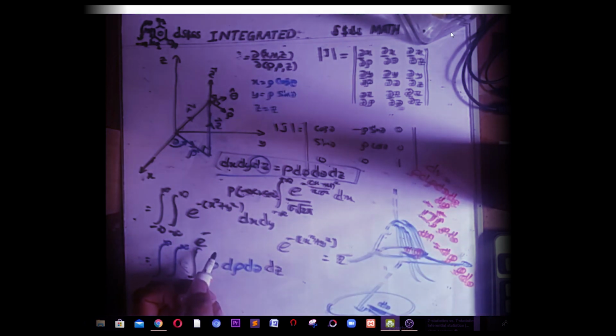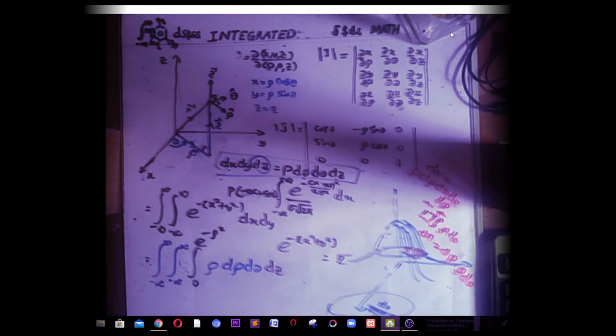Okay, so x square plus y square is going to be equal to rho square. So this is going to be evaluated from 0 to e to the power minus rho square. When you evaluate this guy, it becomes just e to the power minus rho square.